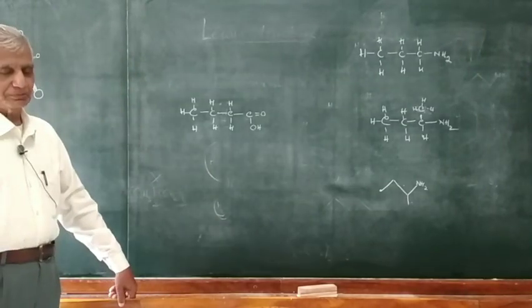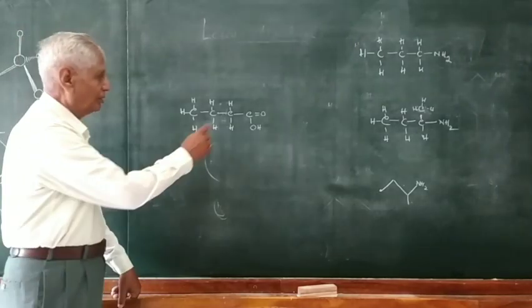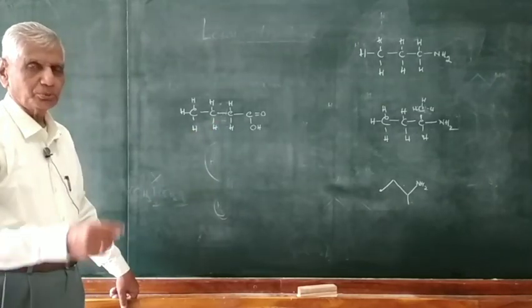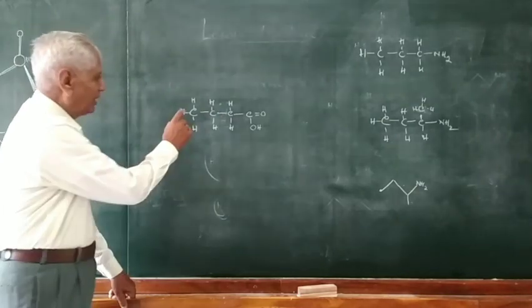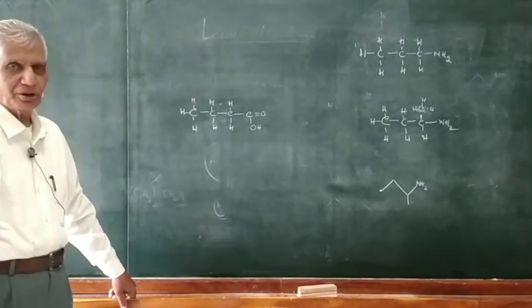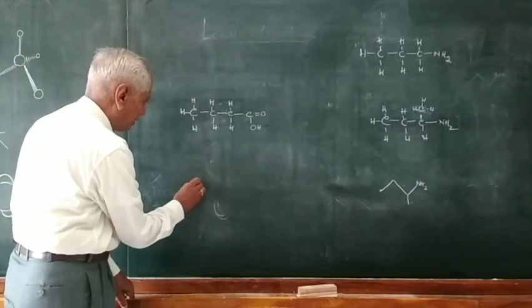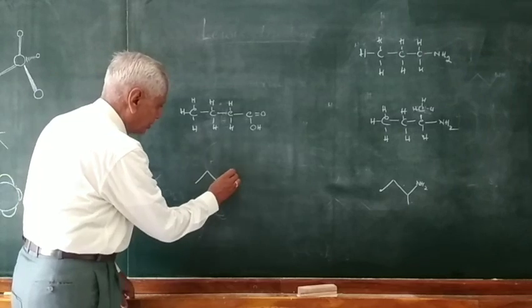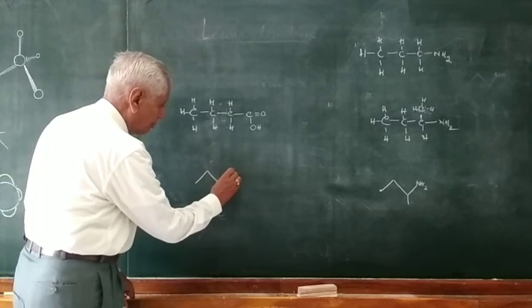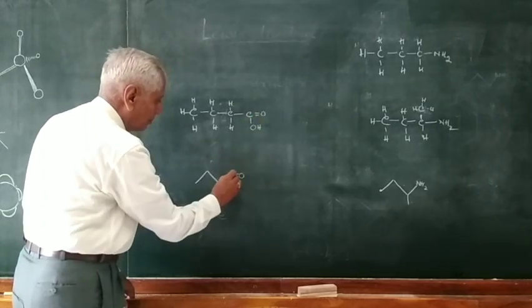It is an acid called butanoic acid. We will come to the name of it later. Suppose this compound is there. How to write this compound in a bond line structure? Right? CH3. Start from here. CH3, CH2, CH2, C, double bond O, OH.